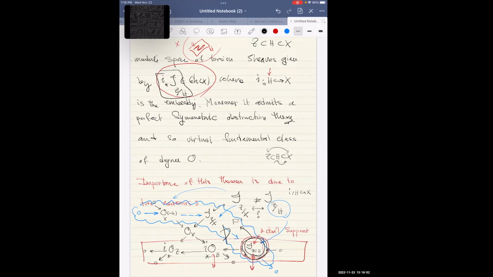Then we related the ideal sheaf of the same curve with respect to OH modules to the ideal sheaf of that very curve with respect to OX modules. We realized that functions on X vanishing on that curve and functions on H vanishing on that curve are related to each other by this term in here, which are functions on X vanishing on the surface.